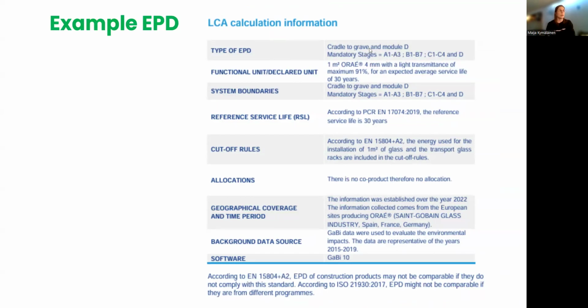So for example, this is cradle to grave with module D and what stages are included. So this is a very comprehensive EPD. Functional unit, so 1 square meter of this glass. So for example, if you're comparing to some other product that is declared for kilos, for example, it's not possible to do it directly, but you have to do some unit conversions first.